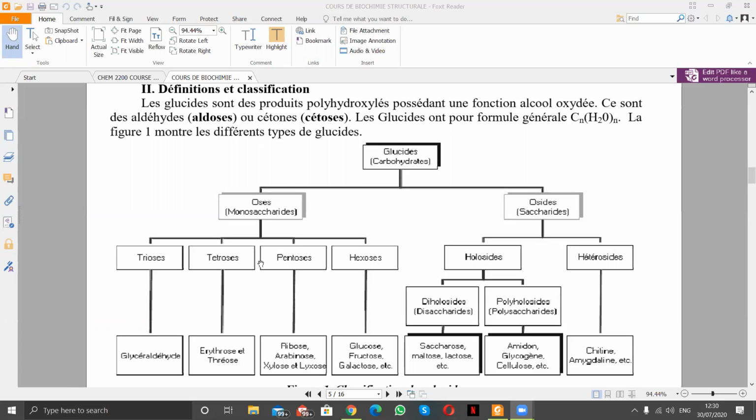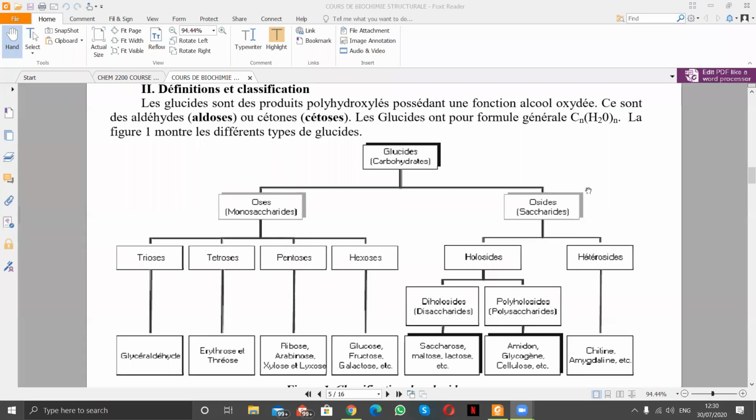That formula, does it apply only to monosaccharides or to all carbohydrates in general? It applies to all carbohydrates in general, but this is mainly based on simple carbohydrates.